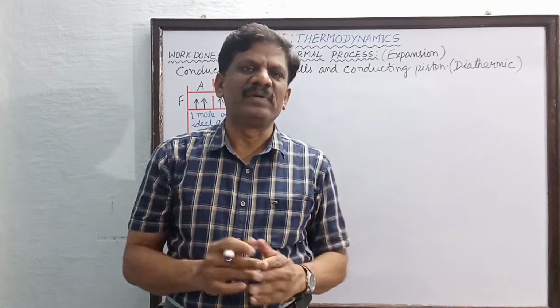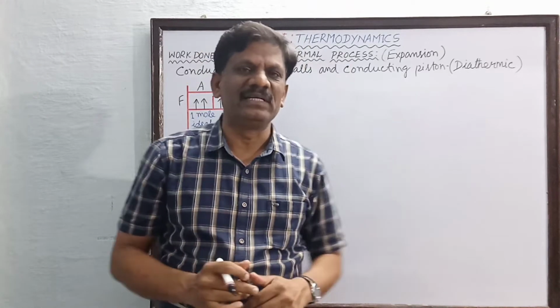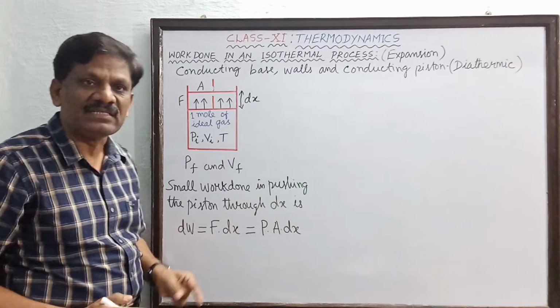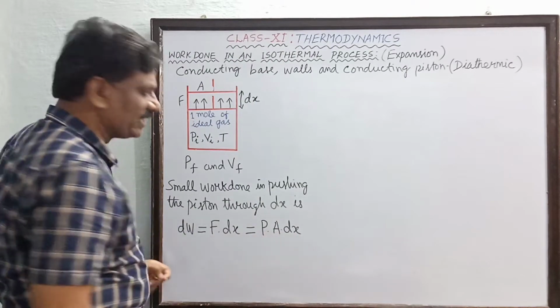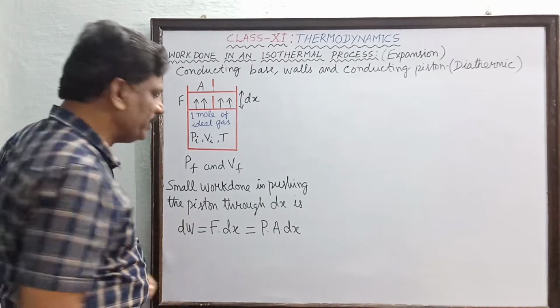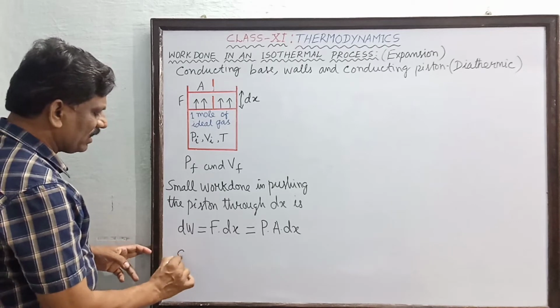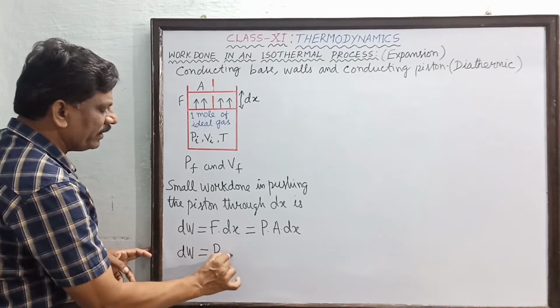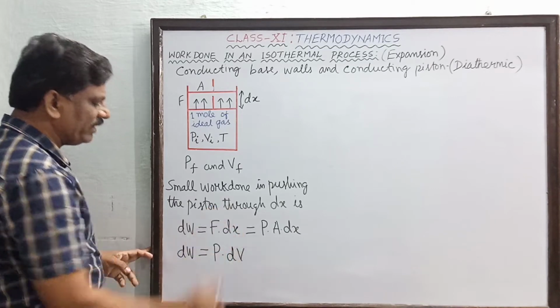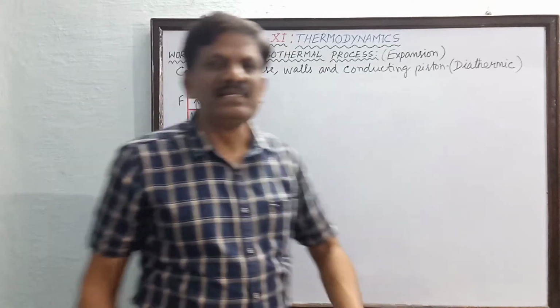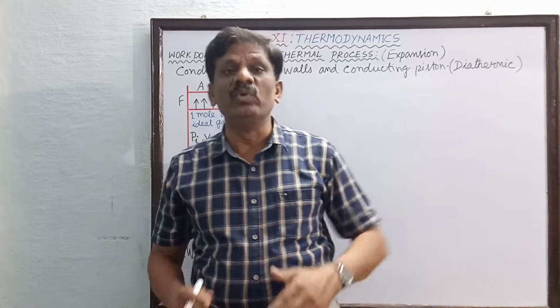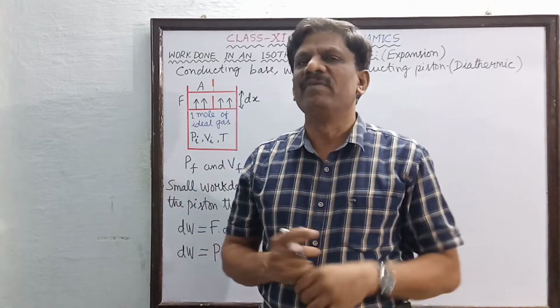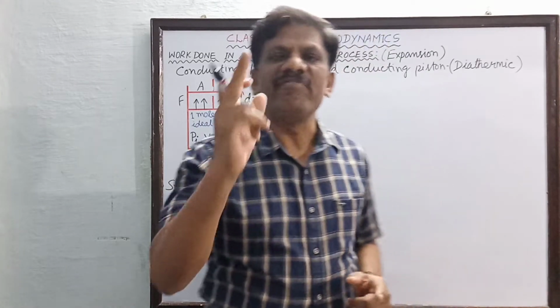So when the gas expands, the volume by which it has expanded is given by area into distance. So A into dx must be equal to the change in volume dV. Or dW is equal to P into the change in volume dV. This is the work done by the gas during the expansion from V initial to V final.